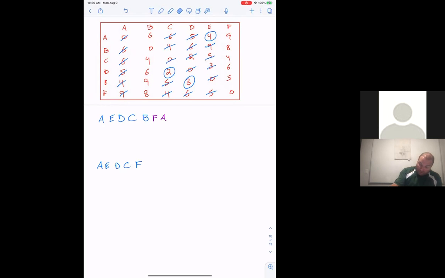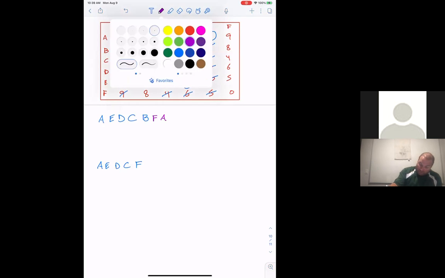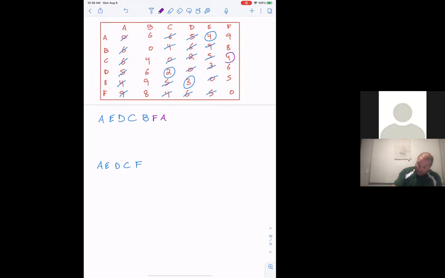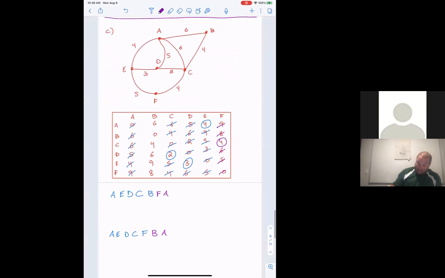If on the other hand, I keep purple, and I go to F, then if I cross out the F's, F goes to B, which then has to return to A. Okay, so now A to E directly 4, E to D directly 3, D to C directly 2, C to B directly 4, B to F is indirect.